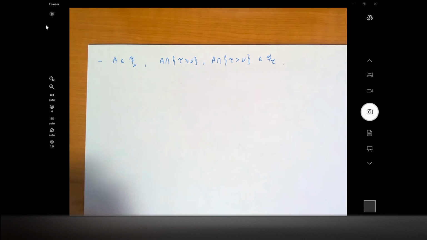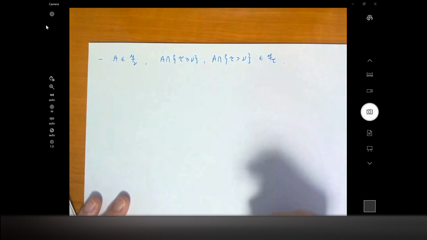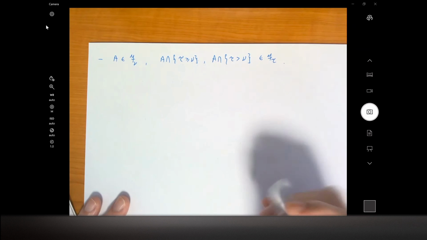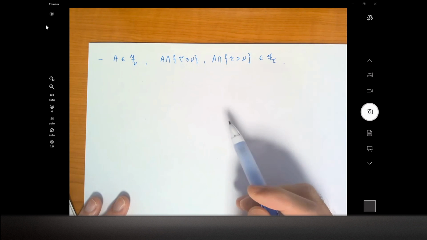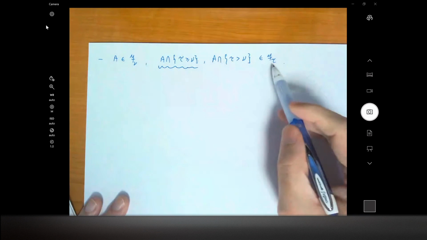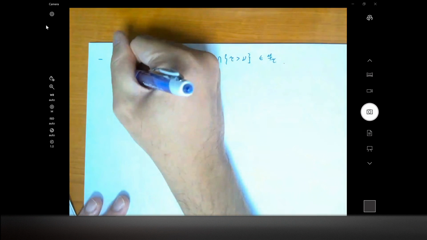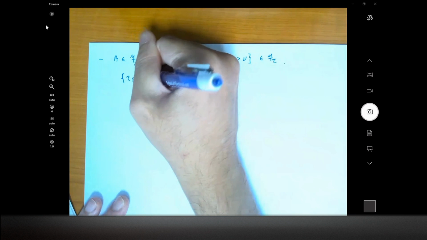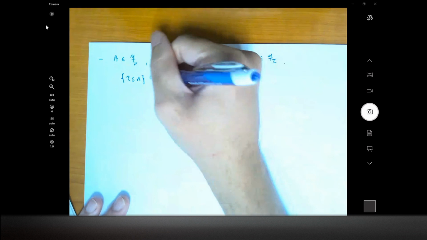So let's try to prove this. I want to prove that this event is in F tau. That means I want to prove that tau smaller than or equal to n, intersect with this event over here.